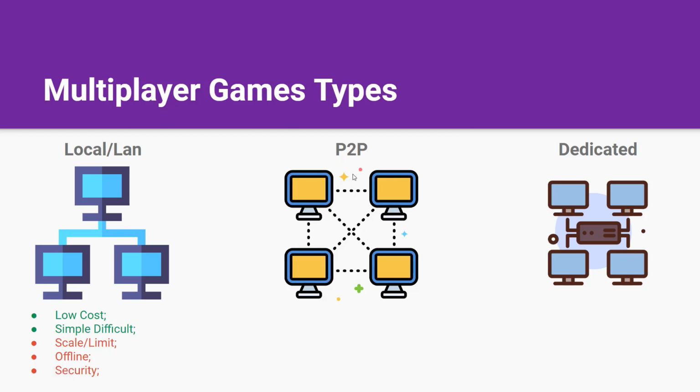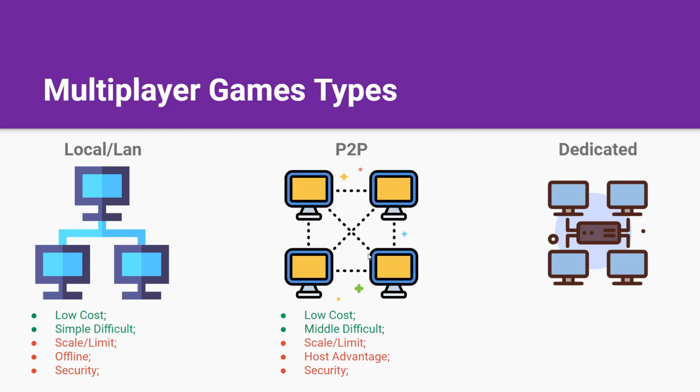We have here the P2P connection type. In P2P, you have an internet connection, but you do not have a server here either. One of the players needs to start a server, needs to be the host of the game, and this player starts the server and the other players connect to them.